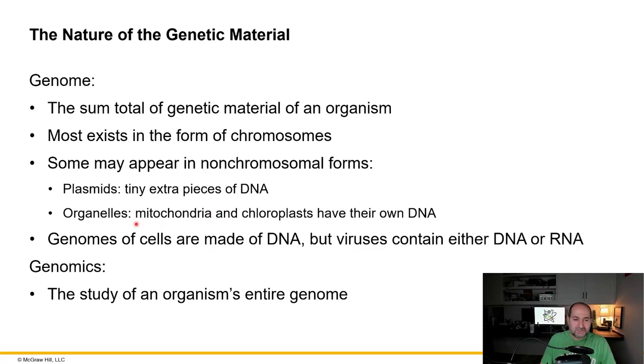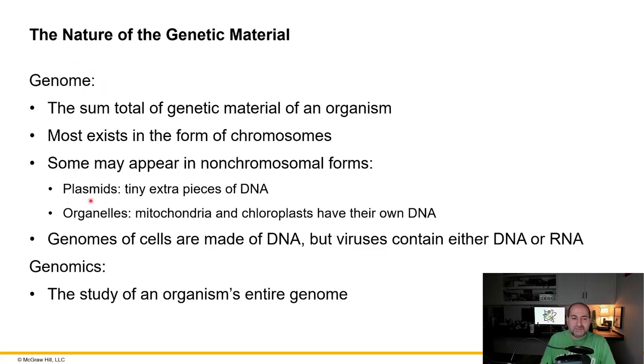Do you remember when we discussed the mitochondria, we said that the mitochondria possess their own single circularized chromosome? Plants also contain chloroplasts in addition to mitochondria, and that chloroplast also contains its own single circularized chromosome. So these would be examples of extrachromosomal DNA. DNA that's not part of our nucleus, not part of our chromosomes, but is technically part of our genomes.